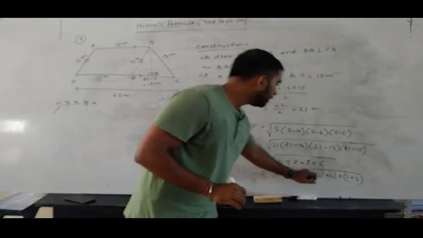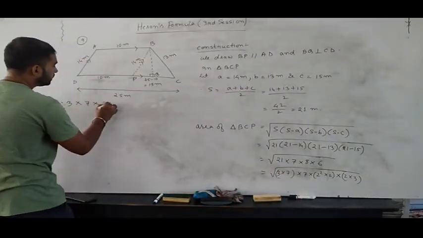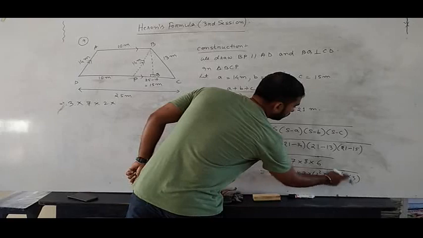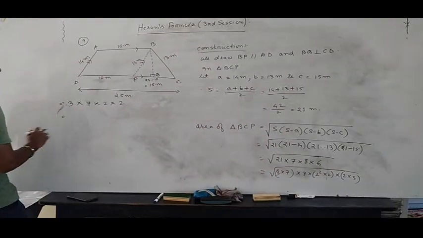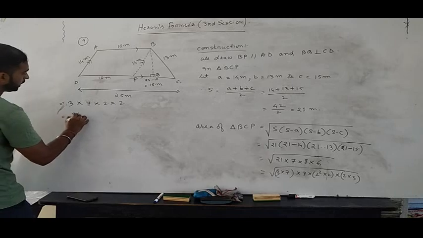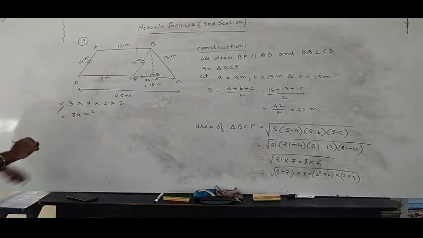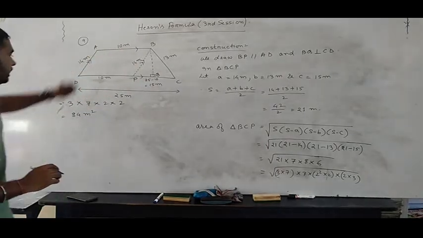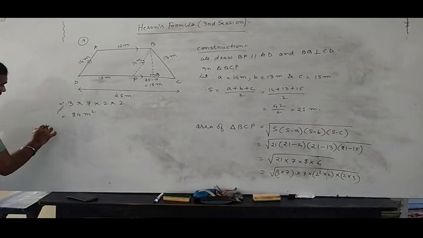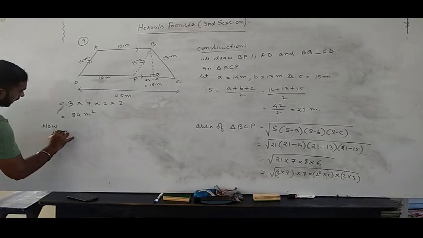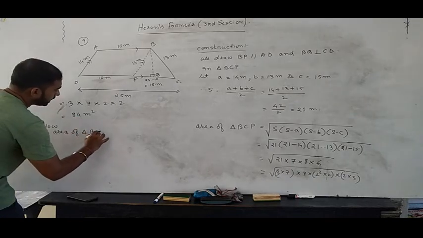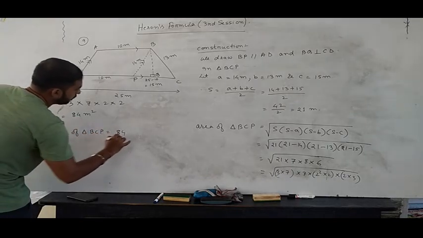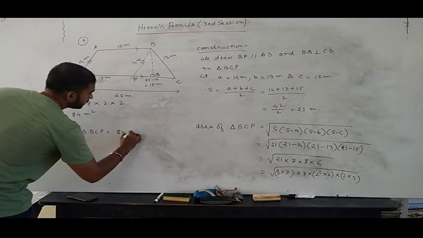Then 2 square means 2, and then 2 into 2, 2 square, that is equal to also 2. So this one 21 into 4, 84. 84 square meter is the area of this triangle. Now, area of triangle BCP equal to 84 square meter.